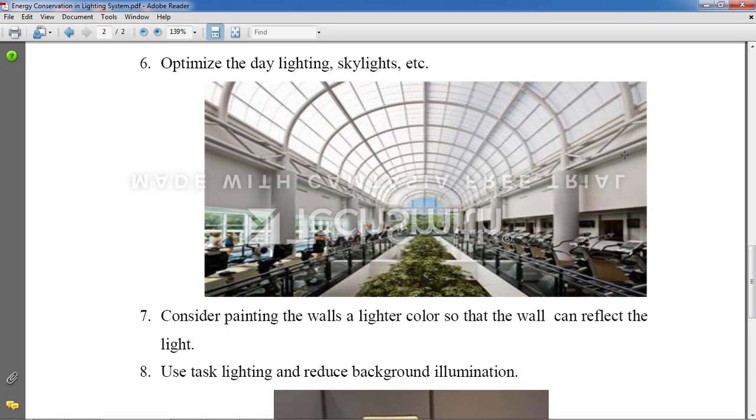We have observed many times in our classroom that we switch on the lights unnecessarily. We have ample daylight in the classroom, but still we switch on the LEDs. That is a total waste.